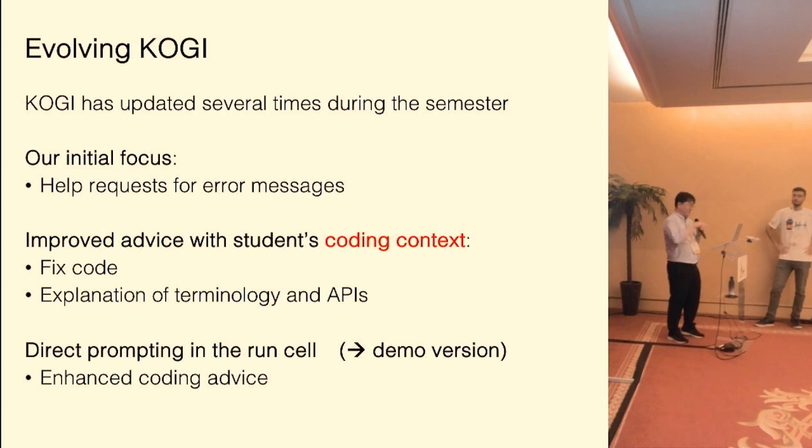So we needed to improve the advice, and we decided to include the coding context as I explained. It allows fixed code, directly giving the answer, but including the coding context and explanation of terminology and APIs more correctly. And recently, this is a demonstration version, direct pre-prompting in the learn cell.